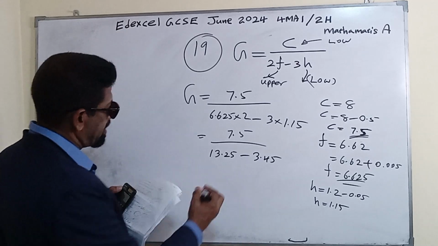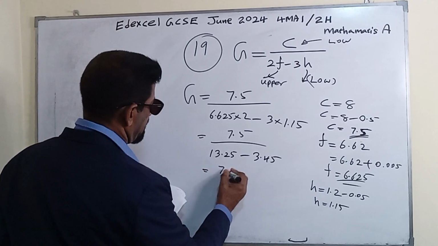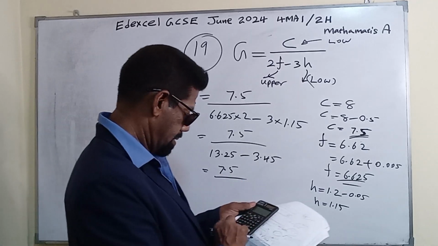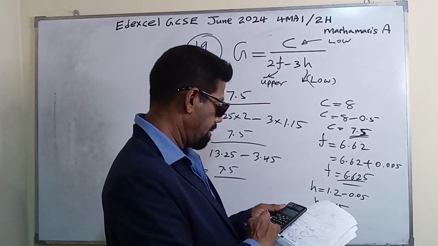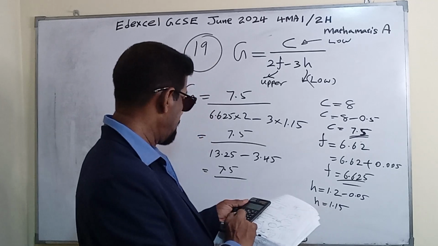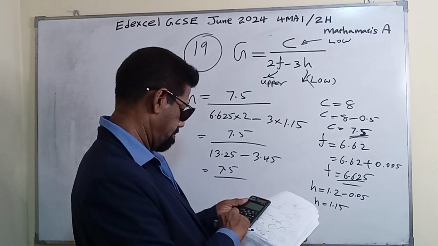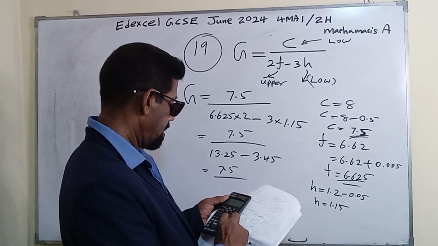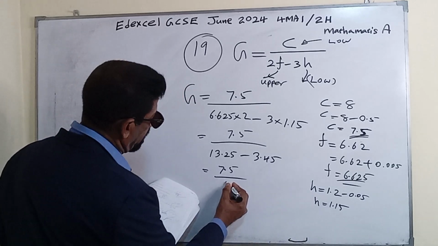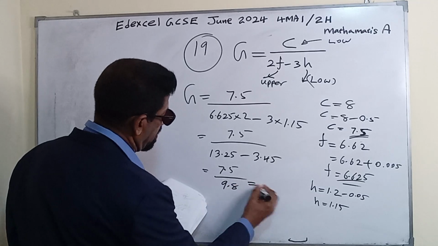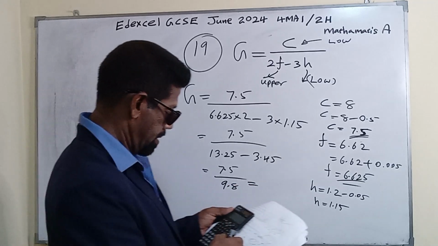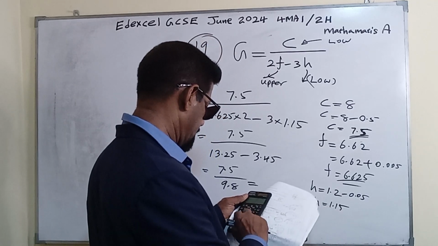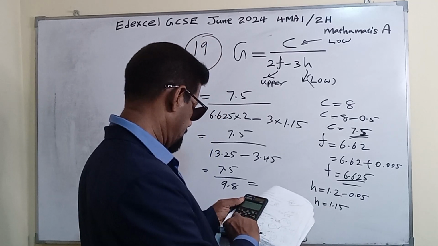So 7.5 over 13.25 minus 3.45, the subtraction gives 9.8. So the answer is 7.5 divided by 9.8.